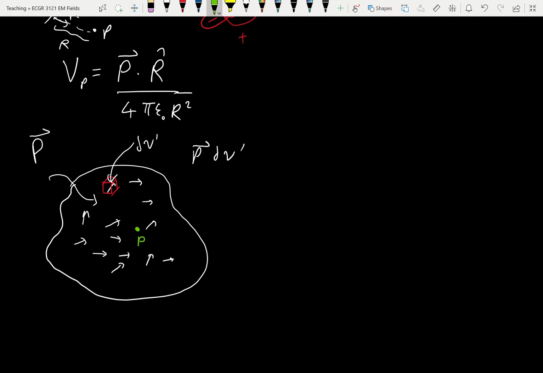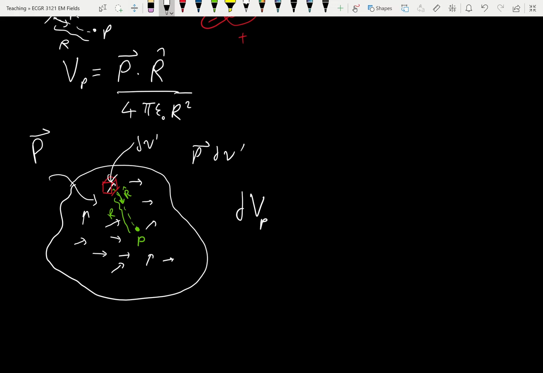So let me draw an arrow. This is a distance r. This is r hat, the unit vector towards this point in space. So we got that result, right? Because this is a differential dipole moment, it will give me a differential voltage at that point.